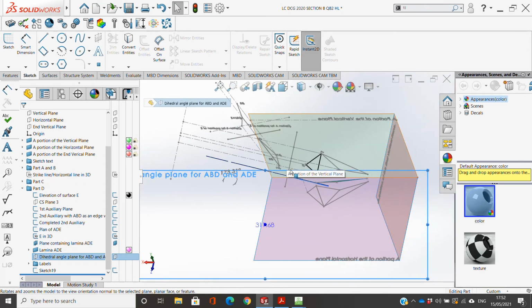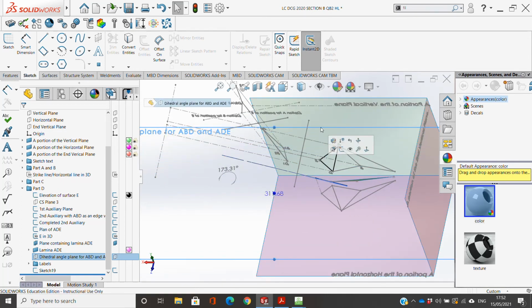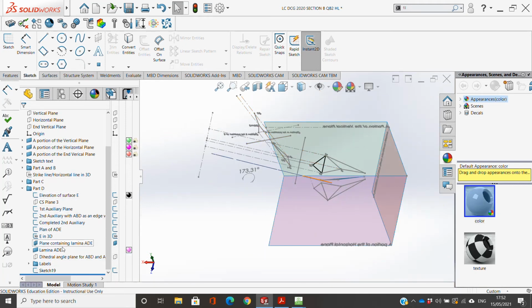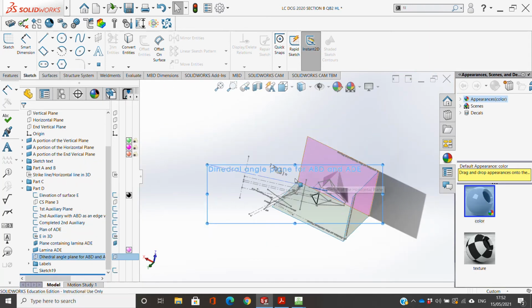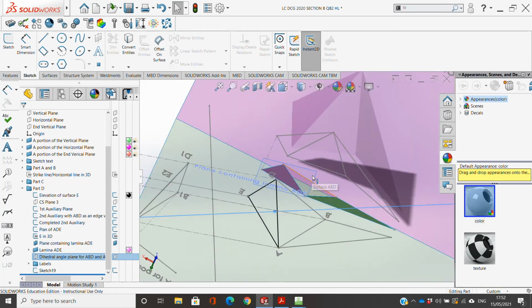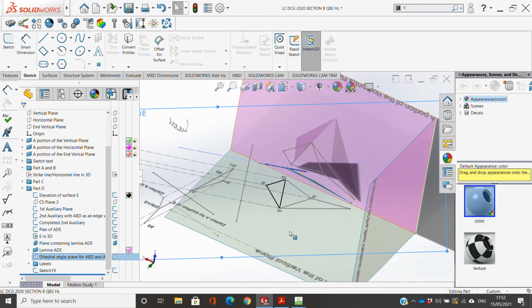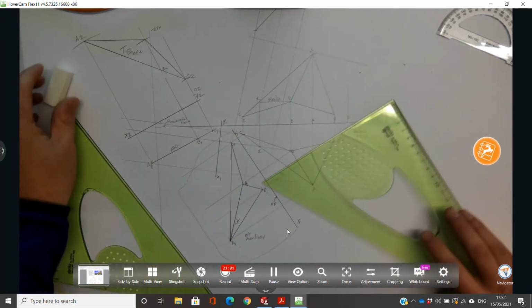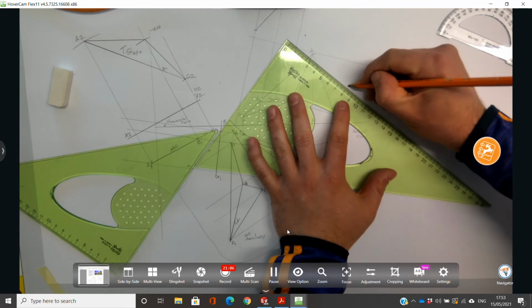Now I hope I wasn't AD and E. So that's when they'll project as 165 between them there. The line of intersection will be a point. So project perpendicular to line AD in elevation.